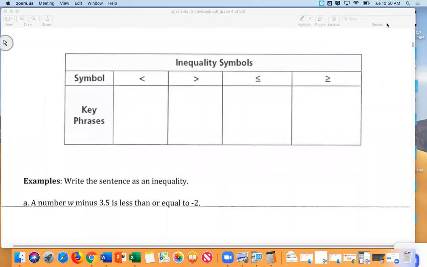So this symbol here is less than. Now, there's a lot of different parts of this, so let me see if I can get them all.